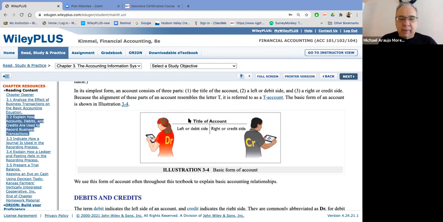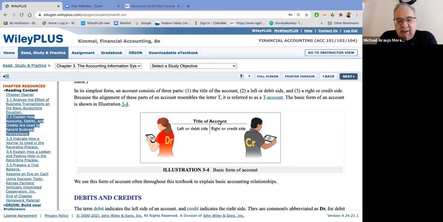You've learned about equipment. You've learned about accounts payable. You've learned about common stock and retained earnings. You've learned about revenue and you've learned about expenses and individual accounts specifically, right? So all of them look like this.